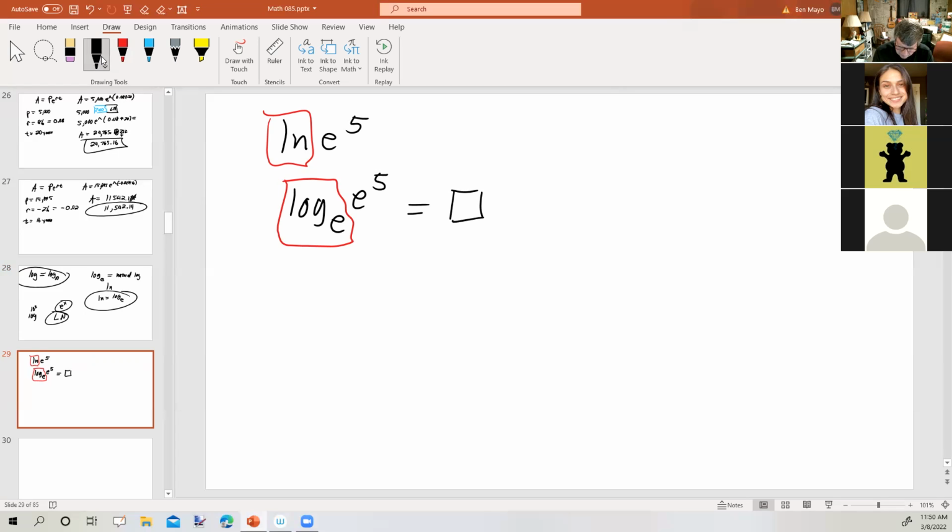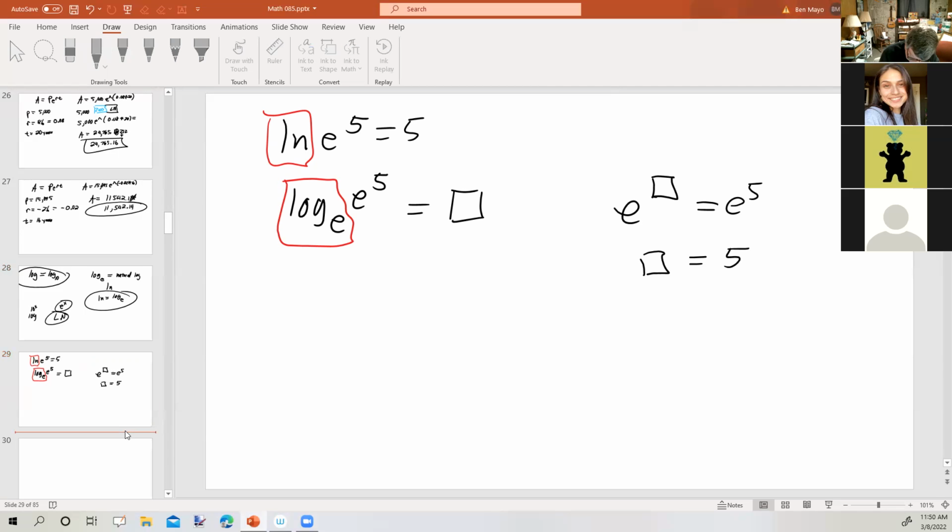If I take this logarithmic equation and convert it into an exponential equation, it becomes e to the box equals e to the 5th power. Therefore, the box equals 5. So the natural log of e to the 5th power equals 5. Any questions about that particular example?